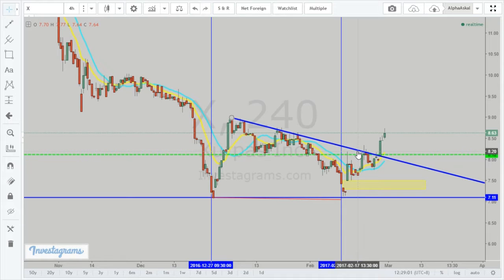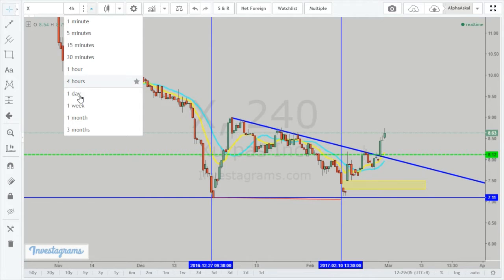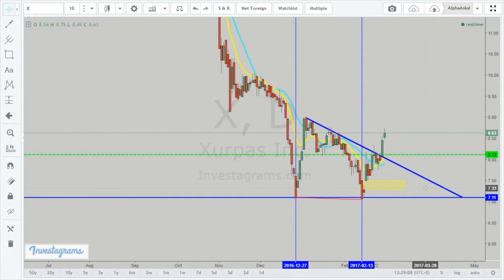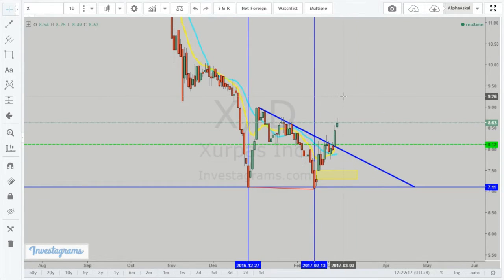We're looking at a 4-hour chart, so this will reflect on the daily charts, which it did. On the daily chart, we see a crossover. So this will be our sign of continuation for this bullish trend.